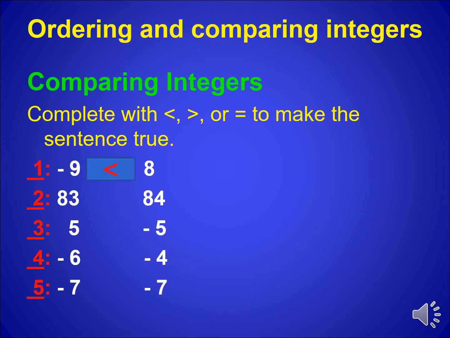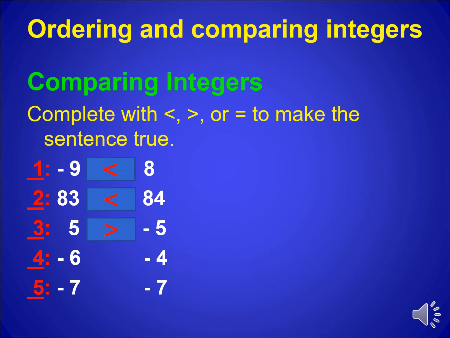Yes. Number 2, 83 and 84, that will be easy, right? Yes, 84 is greater. Number 3, I have 5 and negative 5, positive and negative. Always the positive is greater, so 5 is greater than negative 5.